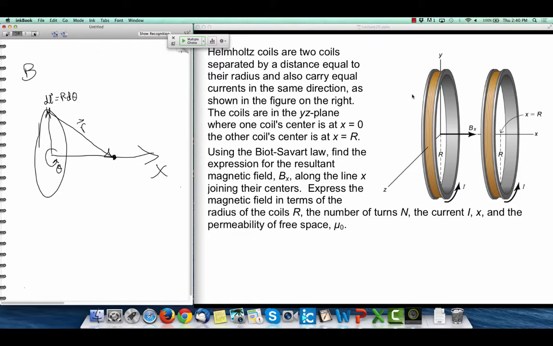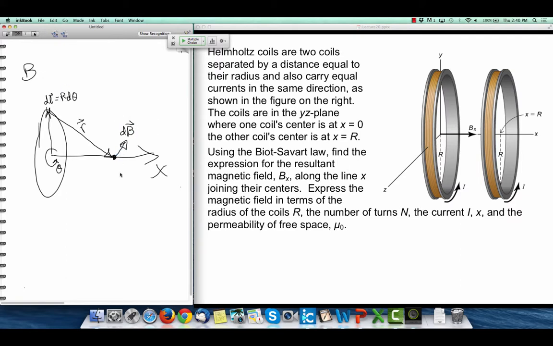If dl is a vector pointing along the z-axis and r is right here, then what do I get? Something like a magnetic field that is perpendicular to r. So the magnetic field due to that dl is going to be something like that.